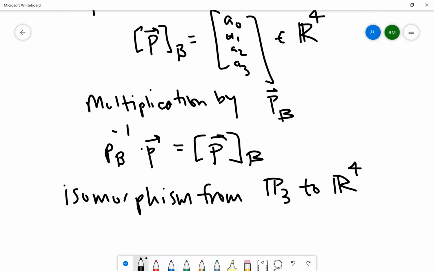So what it means is that these vector spaces look identical.